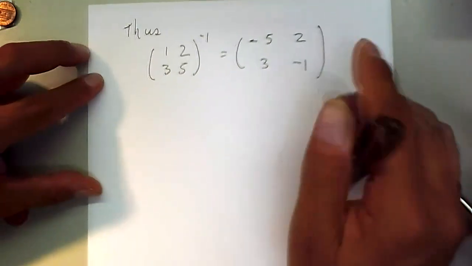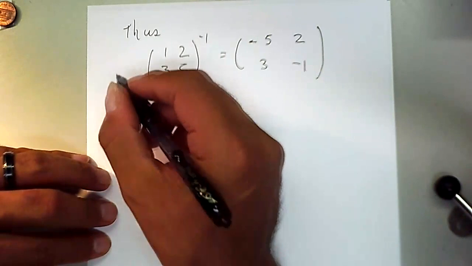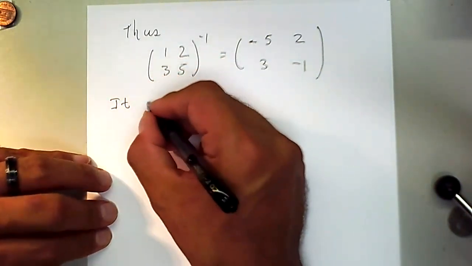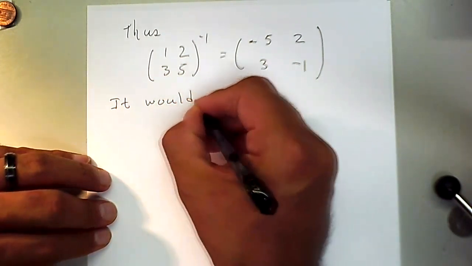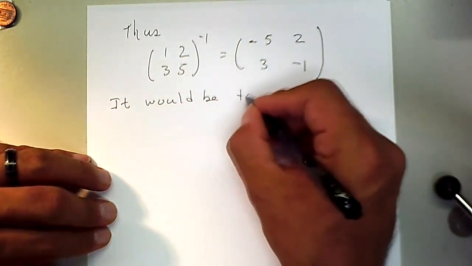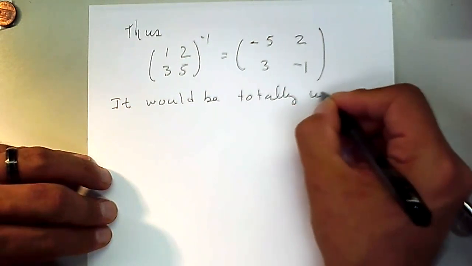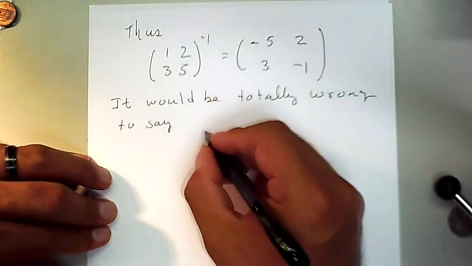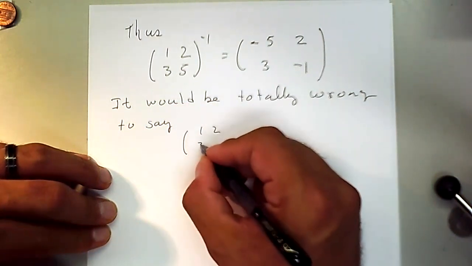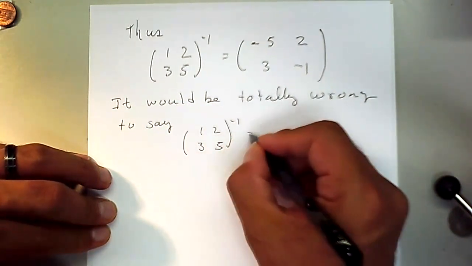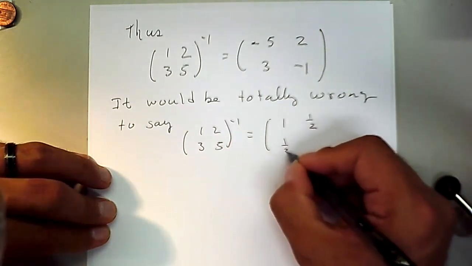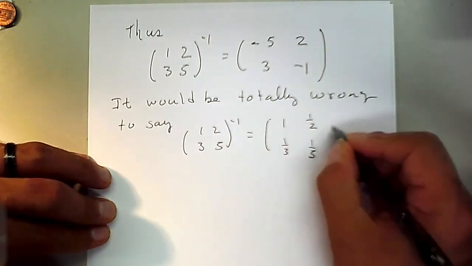It would be totally wrong to say 1, 2, 3, 5 inverse equals 1, 1/2, 1/3, 1/5.